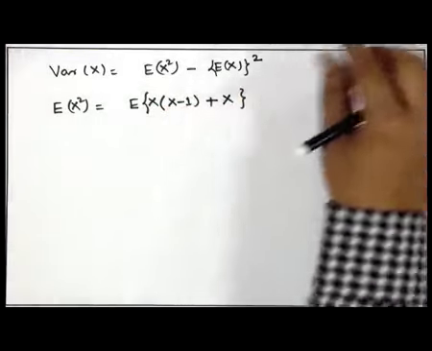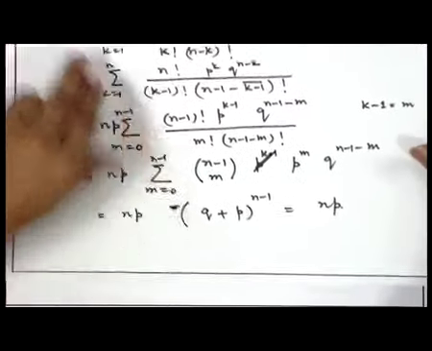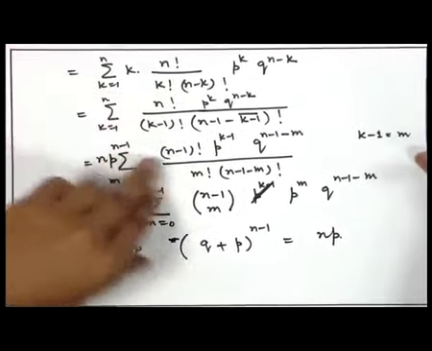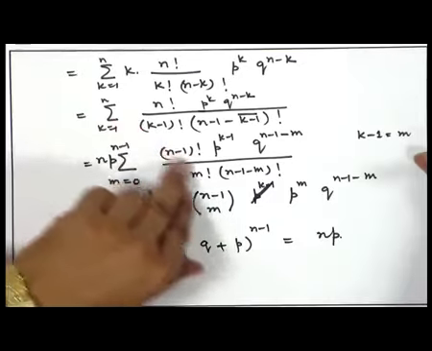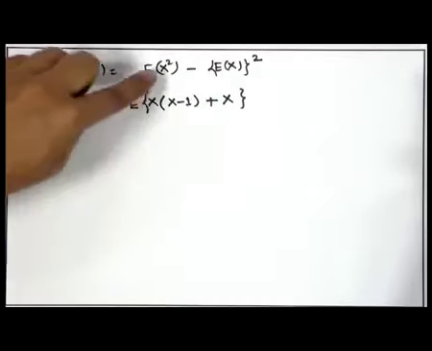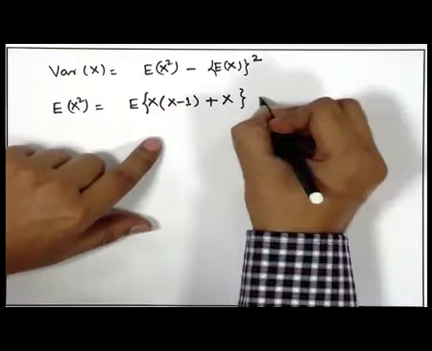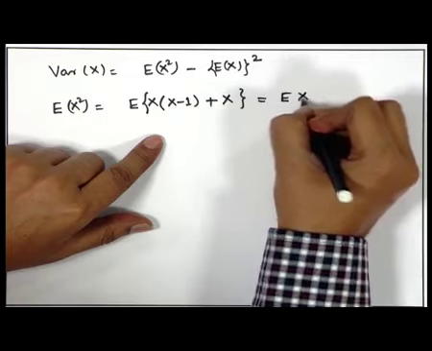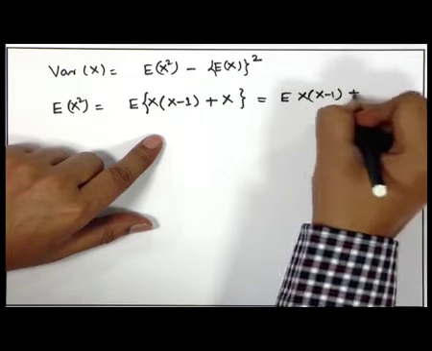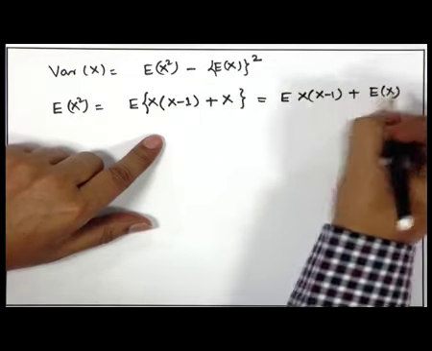The reason is that if you look at the expression for expectation x, the simplification is done by cancelling out one of the factorial terms. So, if I have a square term, then that cannot be cancelled. So, that is why it is better to consider it in this particular fashion. So, that is equal to expectation of x into x minus 1 plus expectation of x.